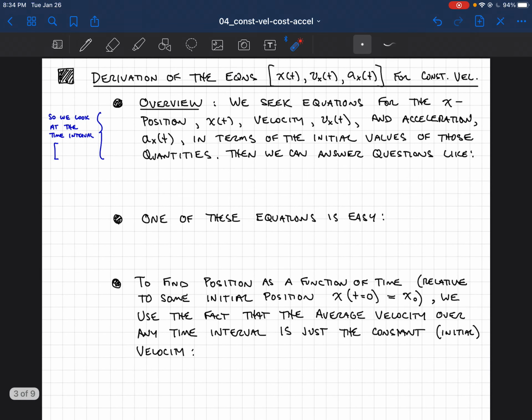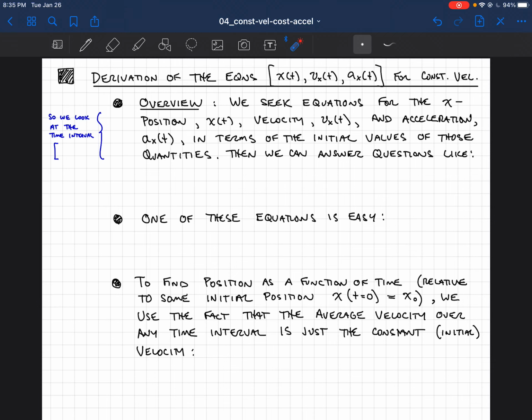Now let's derive the algebraic equations that we can use to solve problems. And I should tell you what we're after here. We're going to look at equations that are position versus time, velocity versus time, and acceleration versus time. And what we mean by that is the position at a given time in terms of the position, the velocity, and the acceleration at some earlier time, which we'll call the initial time.